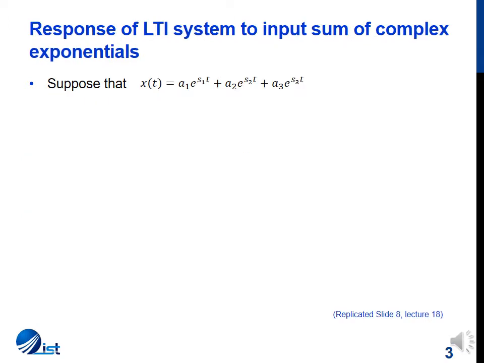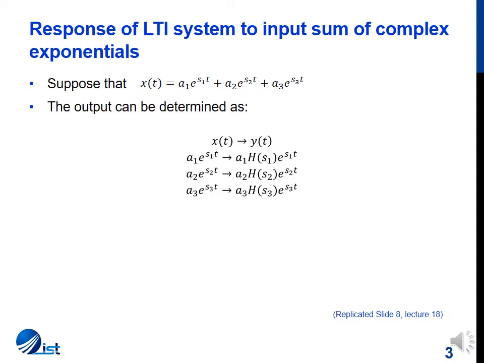So I have taken the liberty to duplicate slide 8 of lecture 18 to see what is the response of an LTI system to an input that is a sum of complex exponentials. Suppose that our input is expressed as a sum of complex exponentials of different frequencies. Then, since we know that complex exponentials are eigenfunctions of LTI systems, the output with respect to input a1 e^(s1 t) will be a1 H(s1) e^(s1 t), where H(s1) is the system function evaluated at frequency s1 for this e^(s1 t).